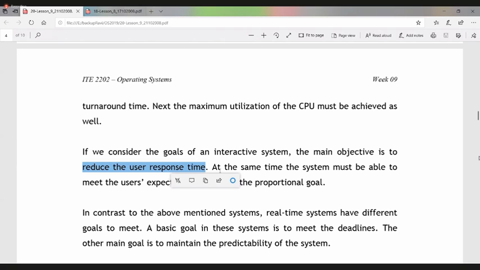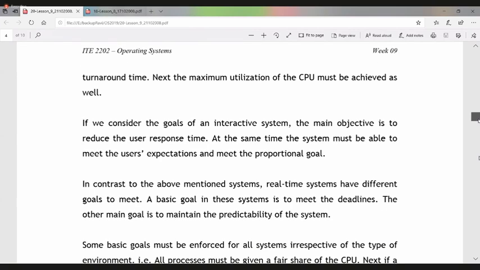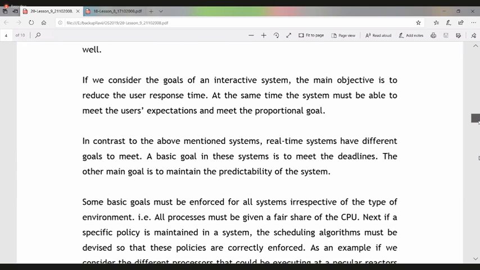So you should reduce the user response time. At the same time, the system must be able to meet the user's expectations and meet the proportional goal. For example, with an ATM machine, you have to make sure of the accuracy of the money withdrawn and so on, right? So depending on the application, there can be different goals.